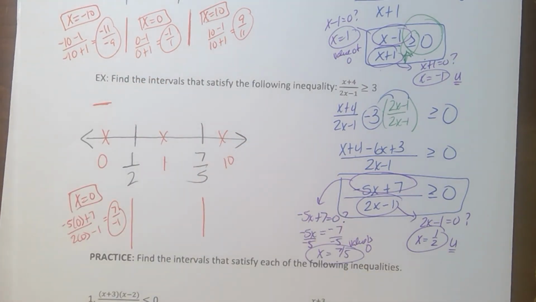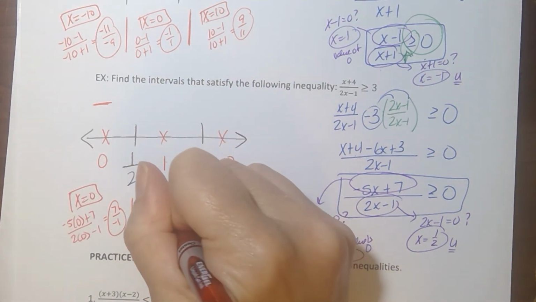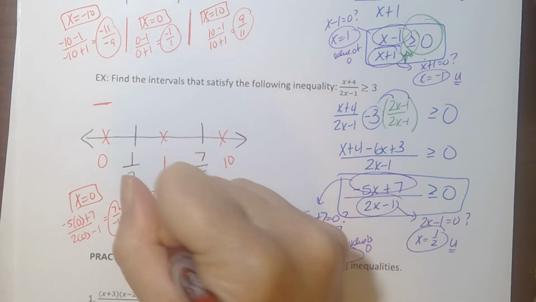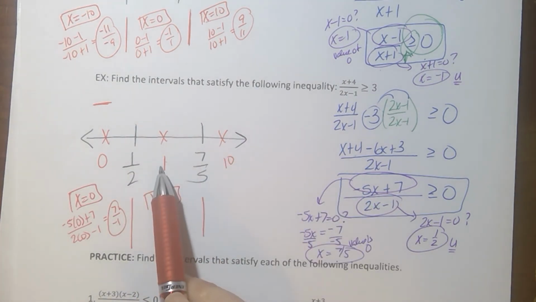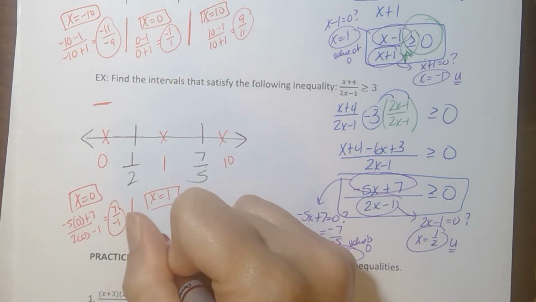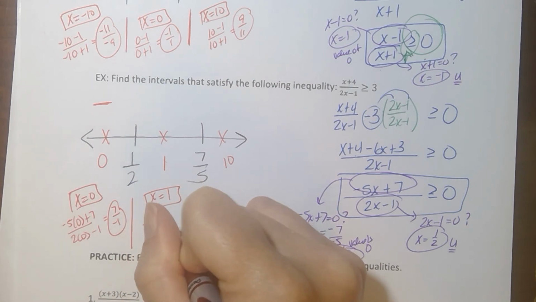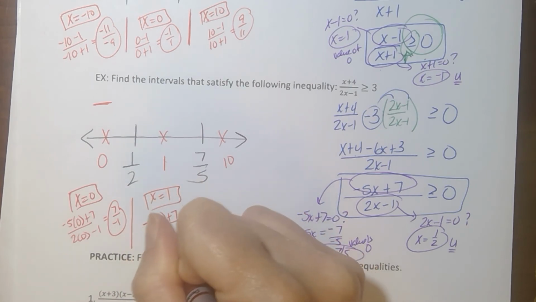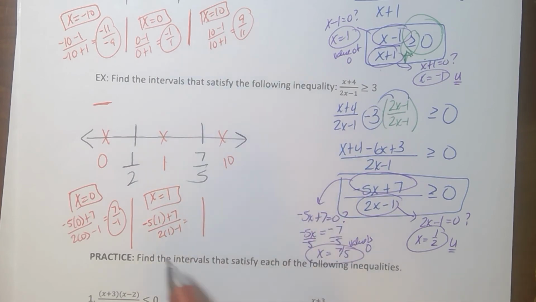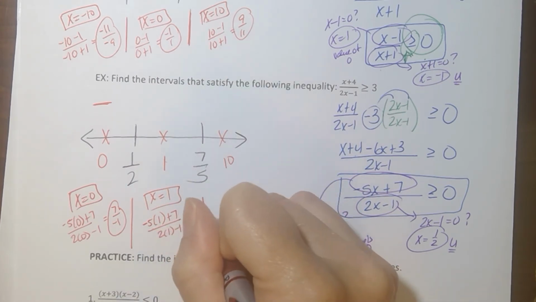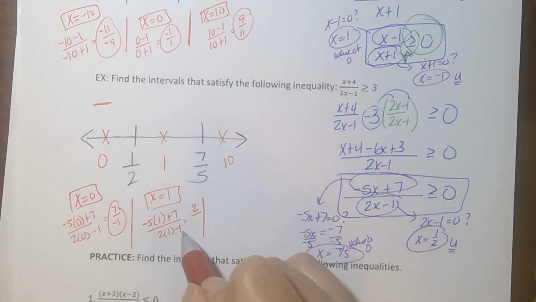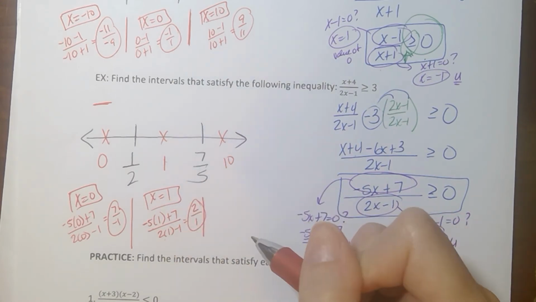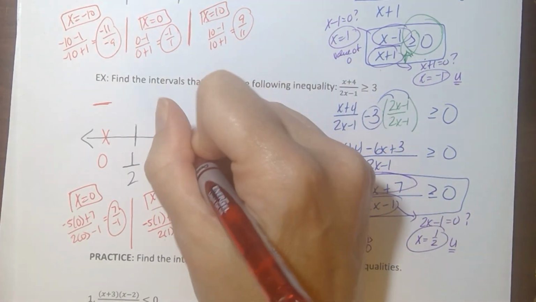That's the important piece of that. Then for my middle interval, I'm suggesting a value of x as 1. So I plug that into my expression. I get a negative 5 plus 7 is positive 2. 2 minus 1 is 1. What matters with that is that both of those are positive.